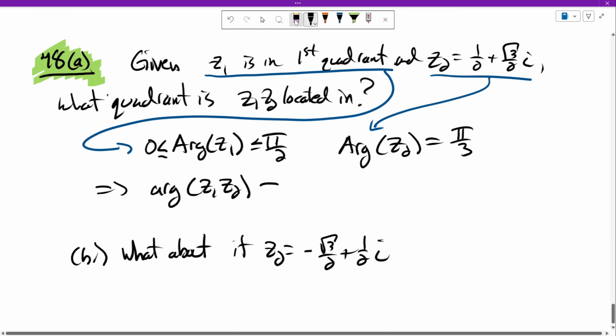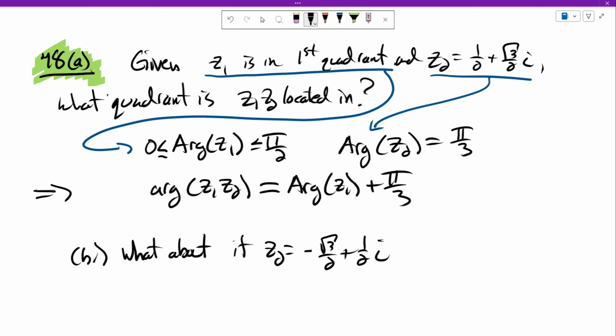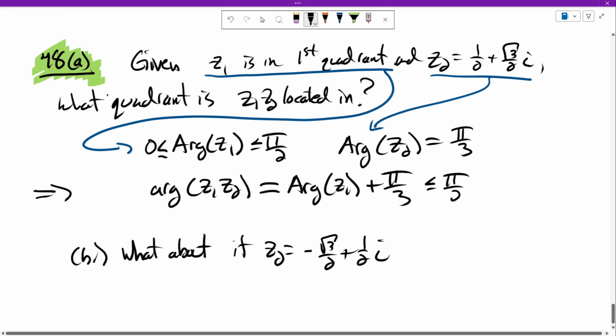This guy, let's actually give me some space on either side, is equal to the sum of these, and we know that the argument of z1 is at most pi halves. Let's see, pi halves plus pi thirds is, mental math, I think it's 5 pi 6.